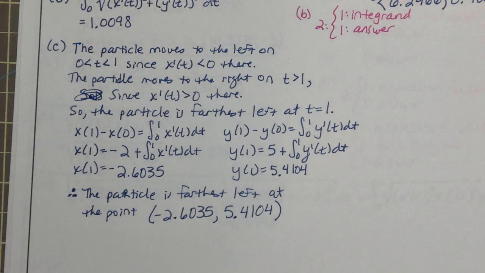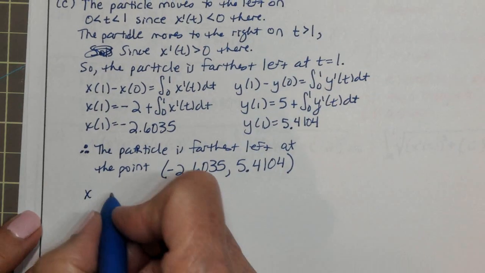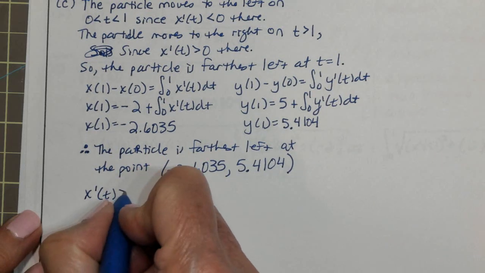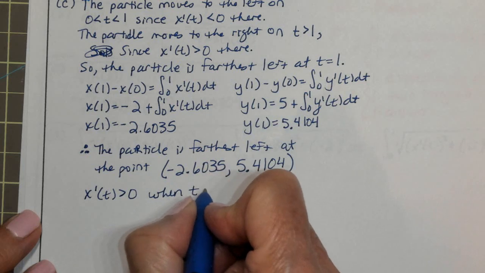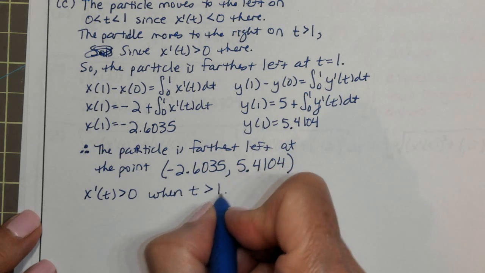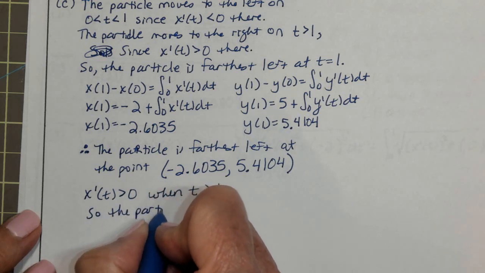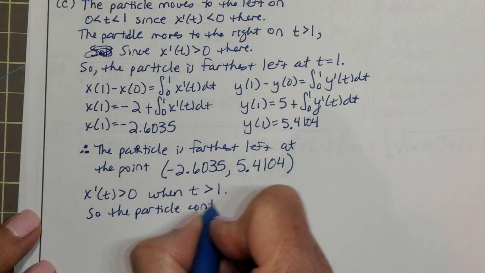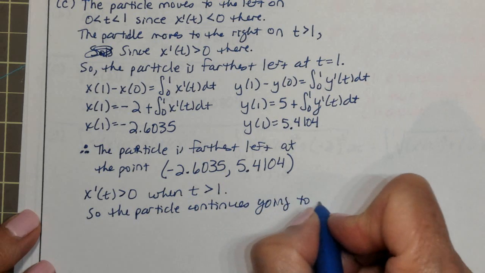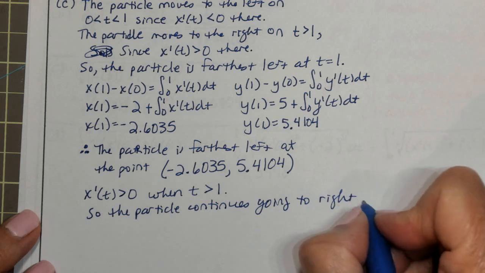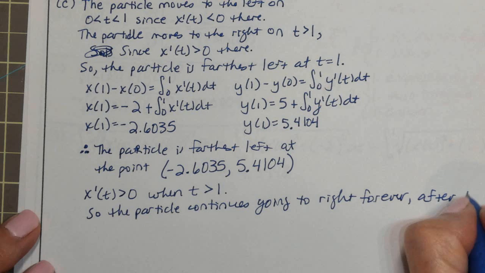So x prime is positive. I've already said that: x prime of t is greater than 0 when time is greater than 1. So the particle continues going to the right forever after time 1.